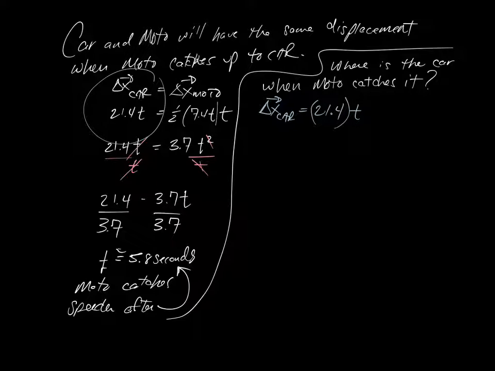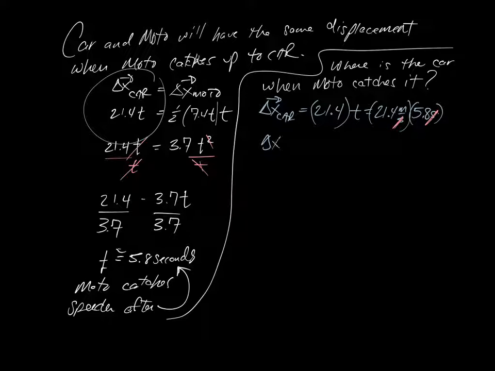Right? So that's 21.4. This was meters per second, right? 21.4 meters per second times t, which is 5.8 seconds. That's what we just found. The seconds are going to cancel, right?